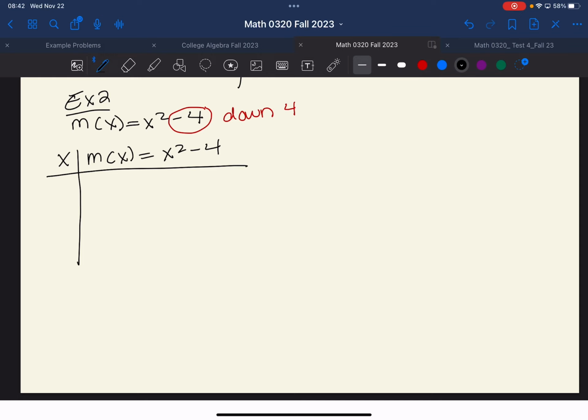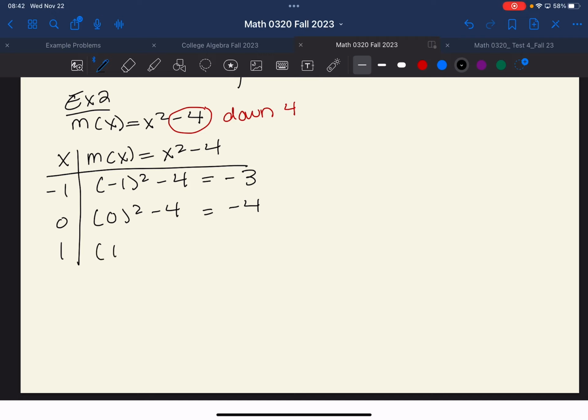I'm going to plug in a positive number, 0, a negative number. So I'm just going to do the same ones, -1, 0, 1. Plugging in -1, I have -1 squared minus 4. So that's 1 minus 4, so -3. Then plugging in 0, I have 0 squared minus 4, so that's -4.